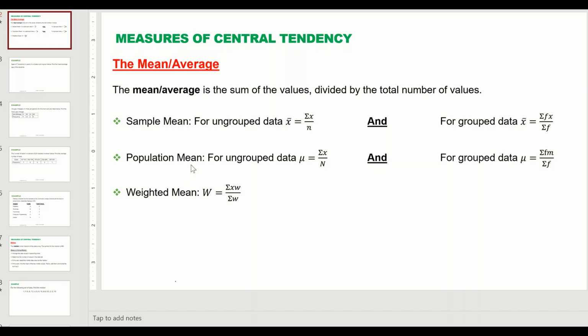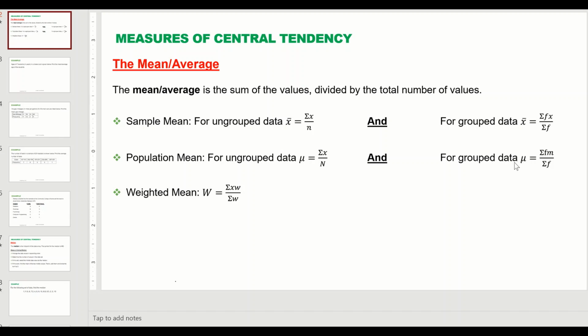For the population, we denote the mean using the Greek letter mu. For both ungrouped and grouped data, it is denoted by the Greek letter mu. For the ungrouped data, the formula is the same as the previous formula, sigma x, that is the sum of all observations, divided by uppercase N, the total number of observations in the population.